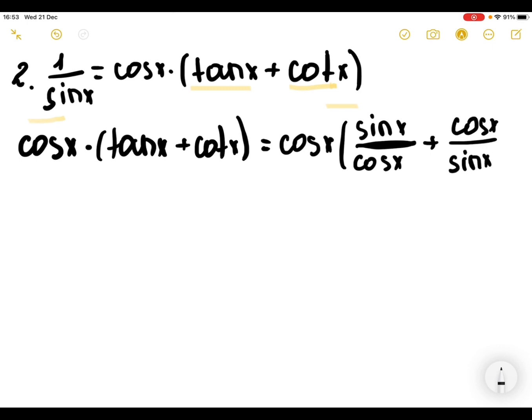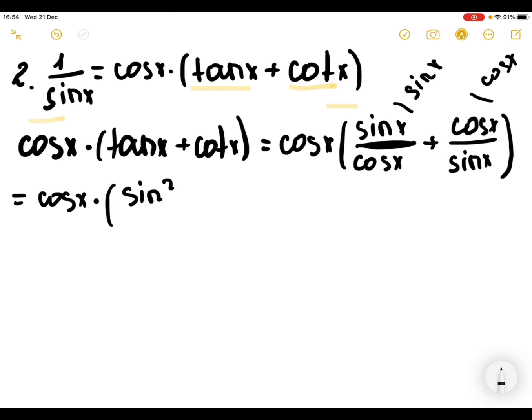And equalize the denominators. Here will be sine x and here cosine x. So we have cosine x multiplied by sine squared x plus cosine squared x divided by cosine x and sine x.